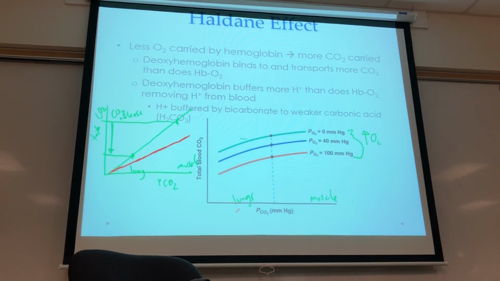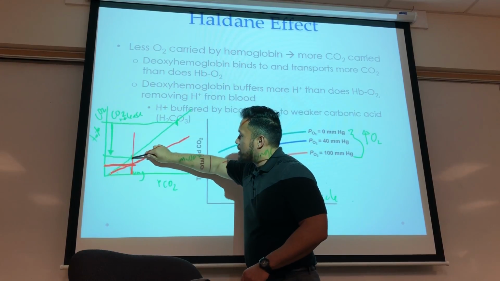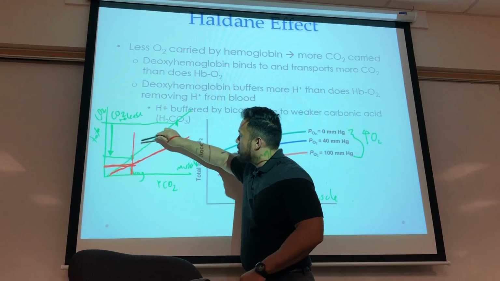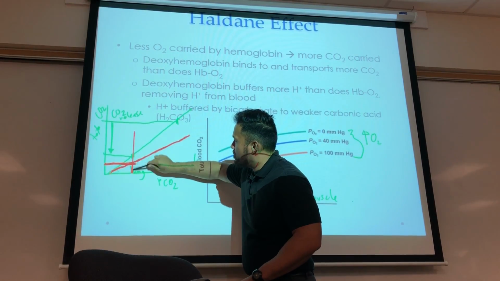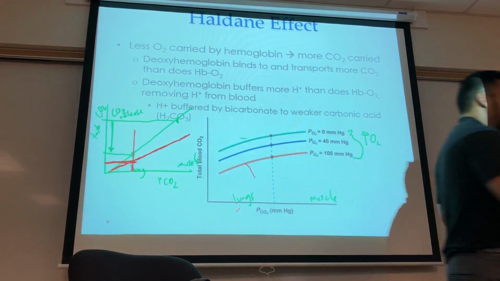I'm going to go back in red. We see where we're actually starting off, at the same level right here. We see not only from here to here is how much CO2 is released, but all the way down to this next line, at that PCO2, we see an increase in the amount of CO2 release.